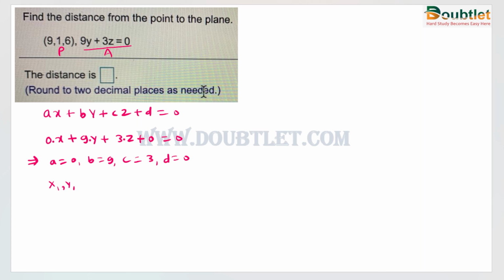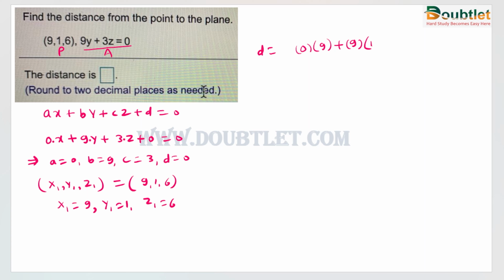And x1, y1, z1 is equal to 9, 1, 6. So x1 is 9, y1 is 1, and z1 is 6. If we put all these values in the previously discussed formula, what will we get? a multiplied by x1, so 0 multiplied by 9, plus b, 9 multiplied by 1, plus 3 multiplied by z1, which is 6.